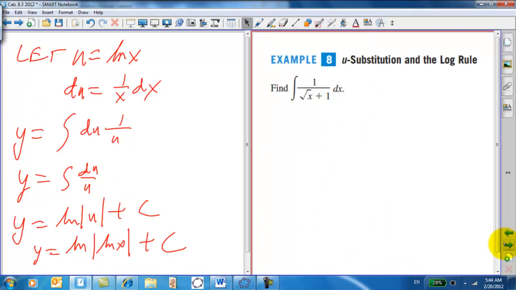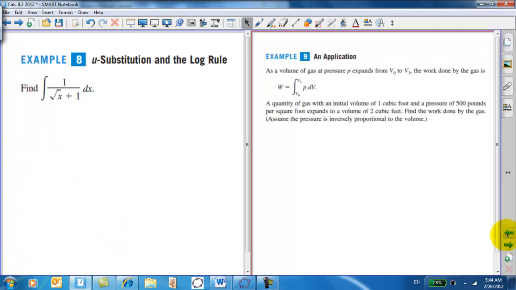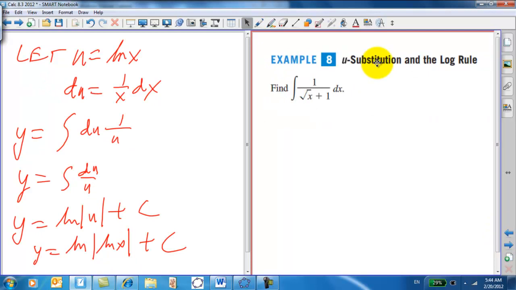Another one. 1 over square root of x plus 1. These get to be some doozers. Well, let's give it a try. Let's let u equal square root of x, in which case du is 1 over 2 square root of x dx.